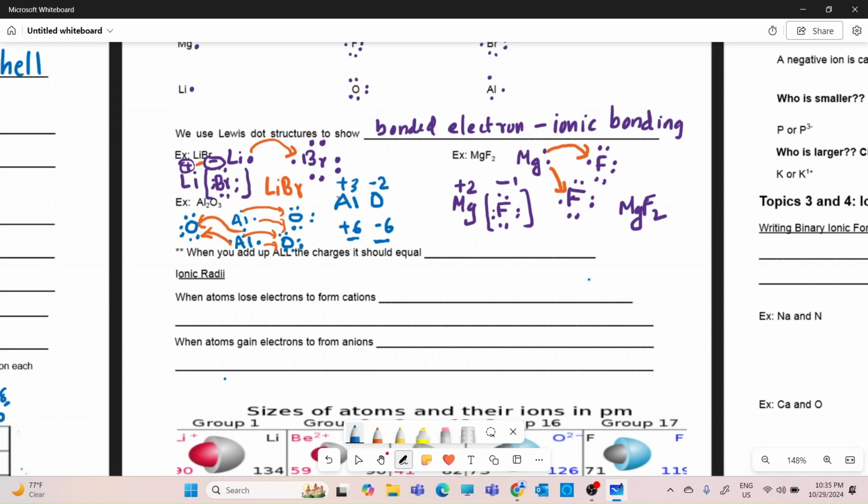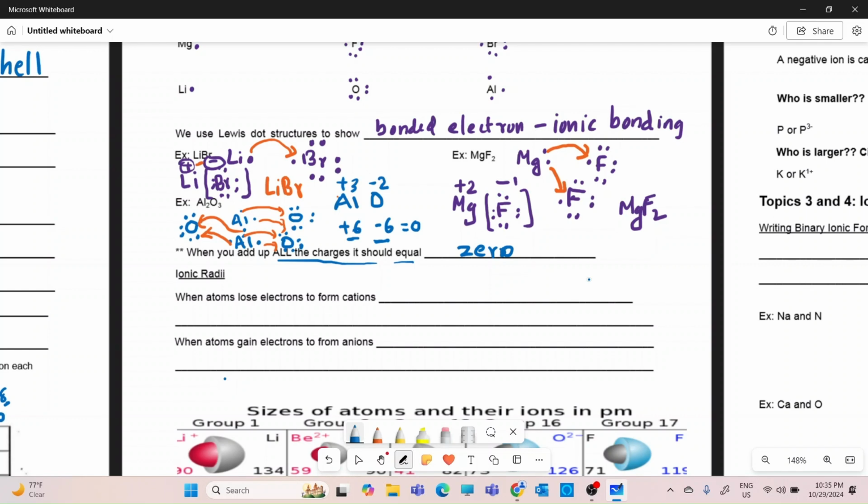So when you add up all the negative and positive charge, it should be equal to what? 0. Plus 6 plus minus 6 equals 0. So that is ionic bonding, and there is an easy way of writing the formula. We will learn that in a minute.